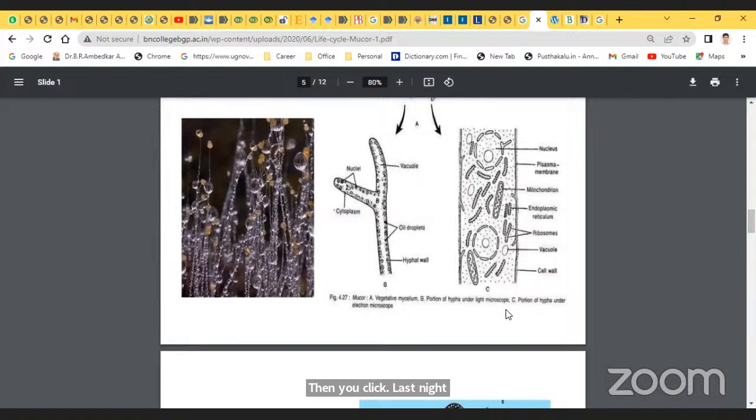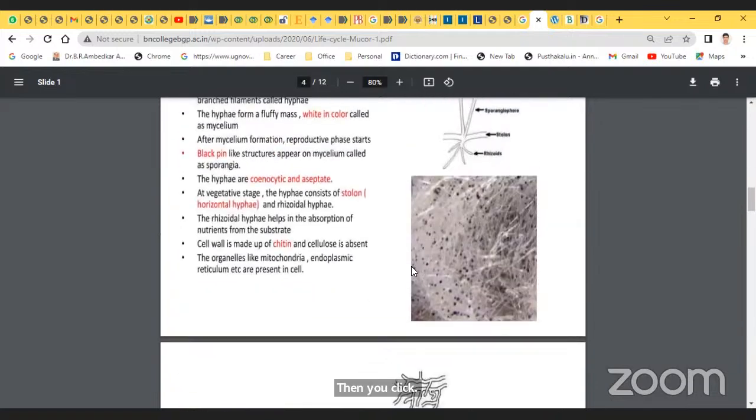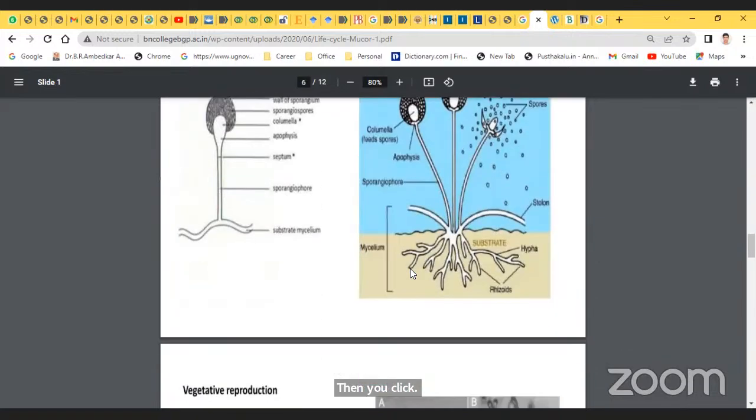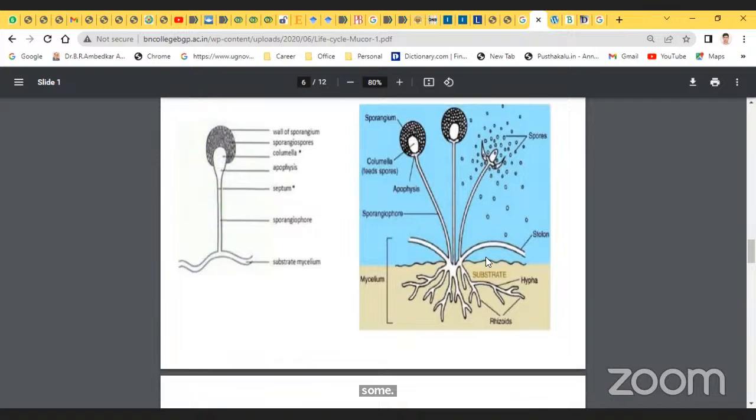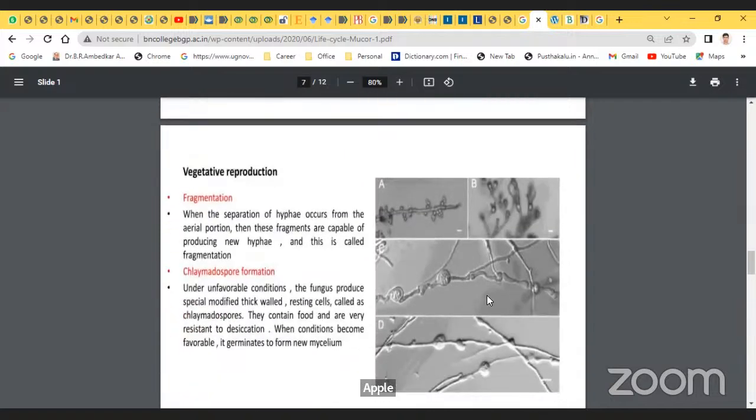These are regarding the vegetative structure. Next, the wall of sporangia, sporangiophores, columella, apophysis, septum, sporangiophore, and substrate mycelium.